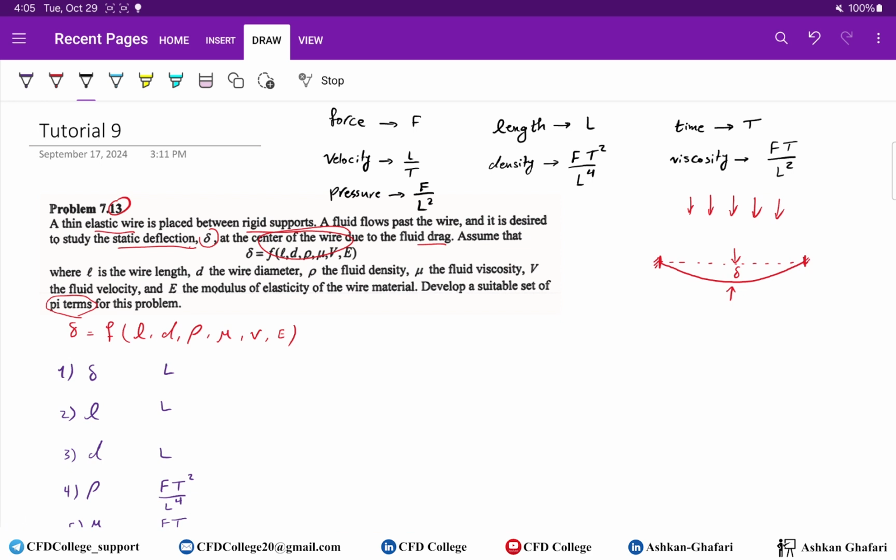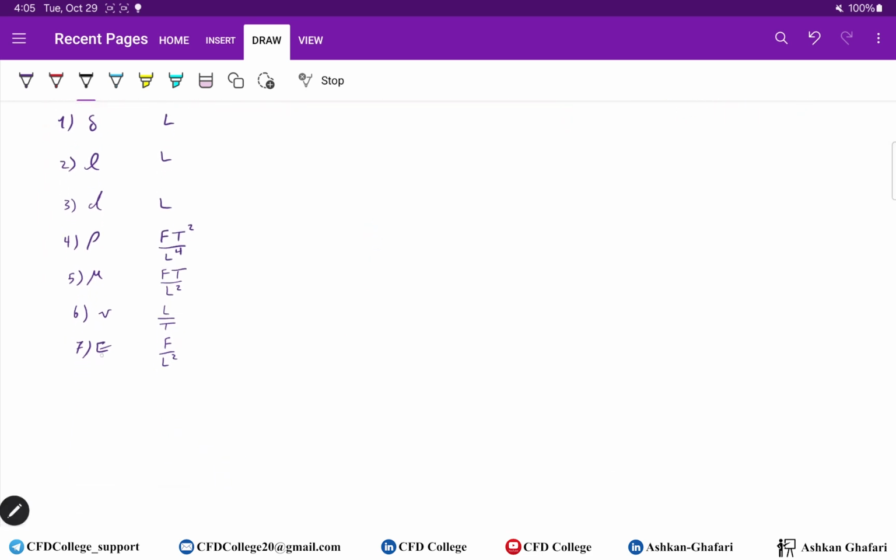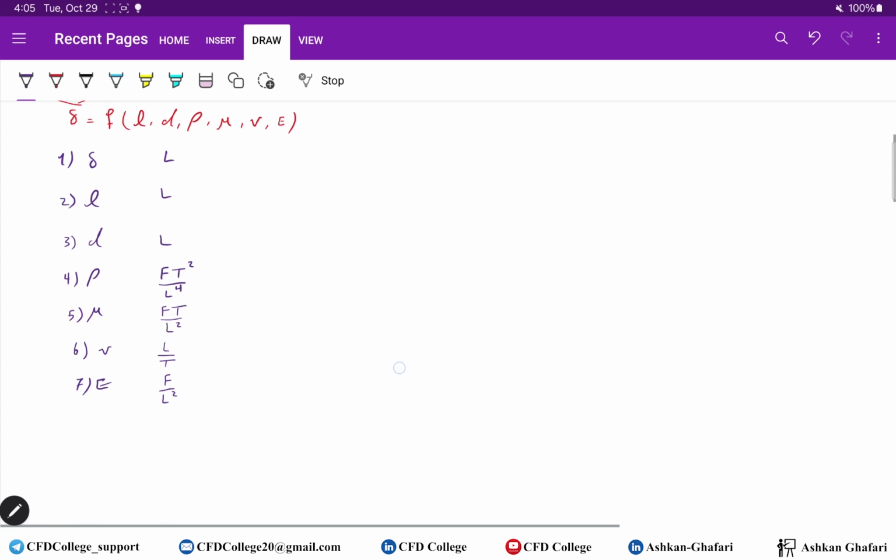And surface tension, it's F over L. And I think that's it. You can solve problems with these, and you can also realize that for Young modulus it's F over L2. Okay, so this is the first step.